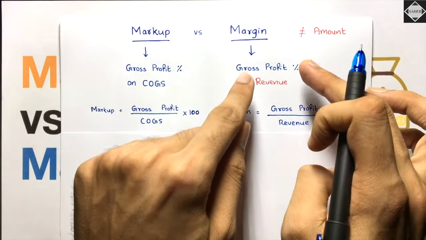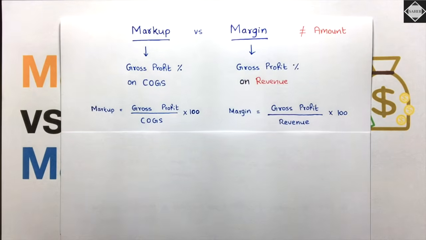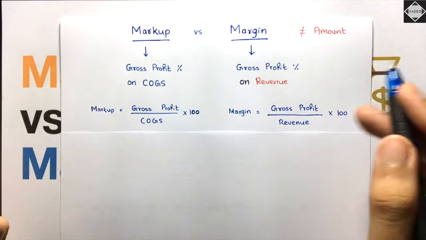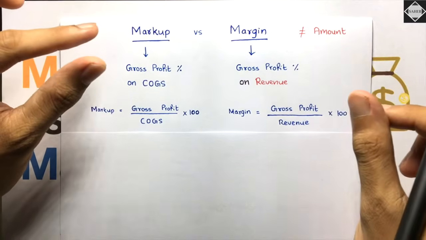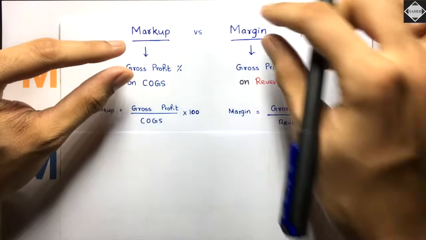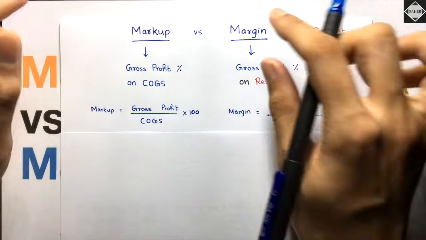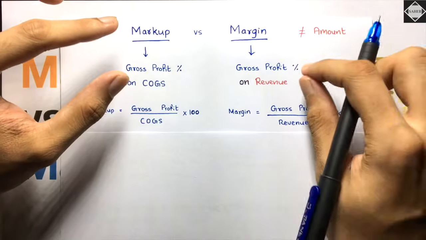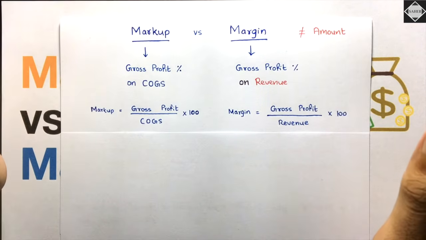Here also you will get the same gross profit, here also you will get the same gross profit. That's what you can do with markup and margin. You can calculate the profit. Okay, but the percentages will be different. Markup percentage and margin percentage will be different. Markup percentage will always be higher and margin percentage will always be lower than the markup. Is that clear? That's what will happen.